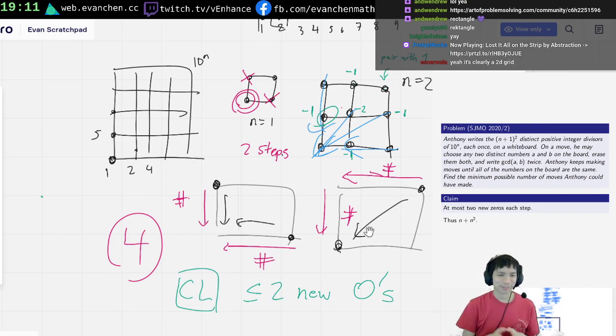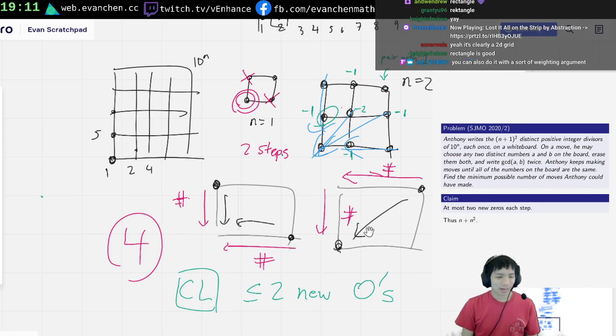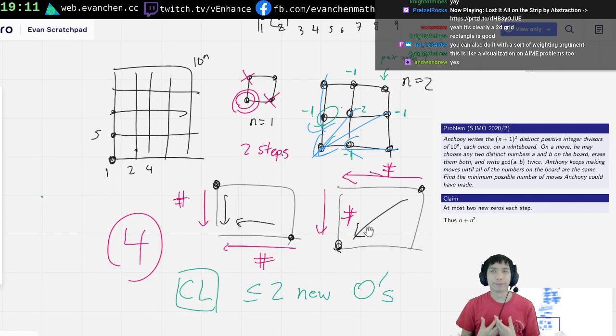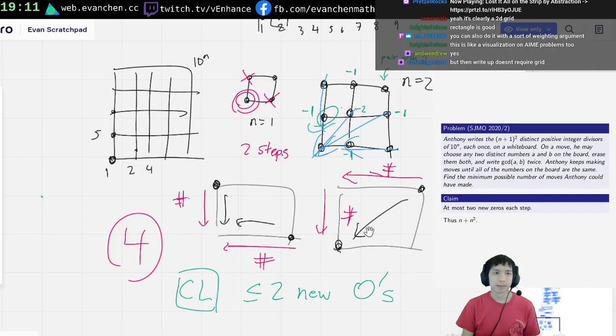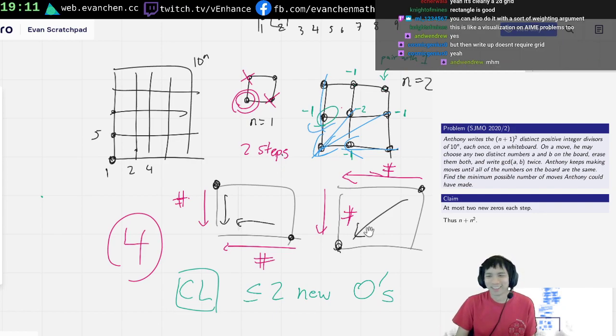If you try to do the problem with just abstract numbers, I think math works better if it feels natural to you, and that's why changing to a grid or things like this matters a lot, even though the solution is independent of them, because they let you tap into your human intuition to do math, because math is hard.